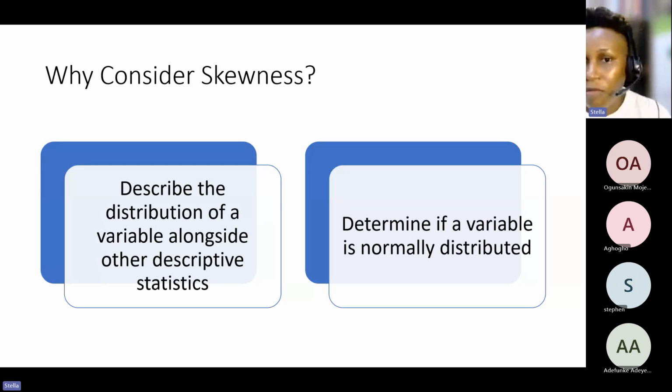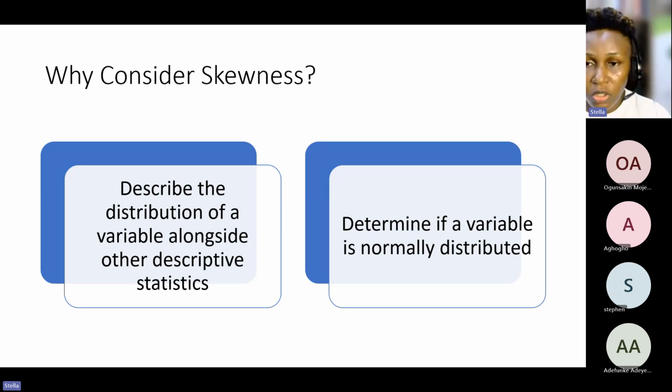So it's something very serious that we don't joke with. It is one of the distributions you look at in descriptive statistics, and it is also used to determine if a variable is normally distributed or not.